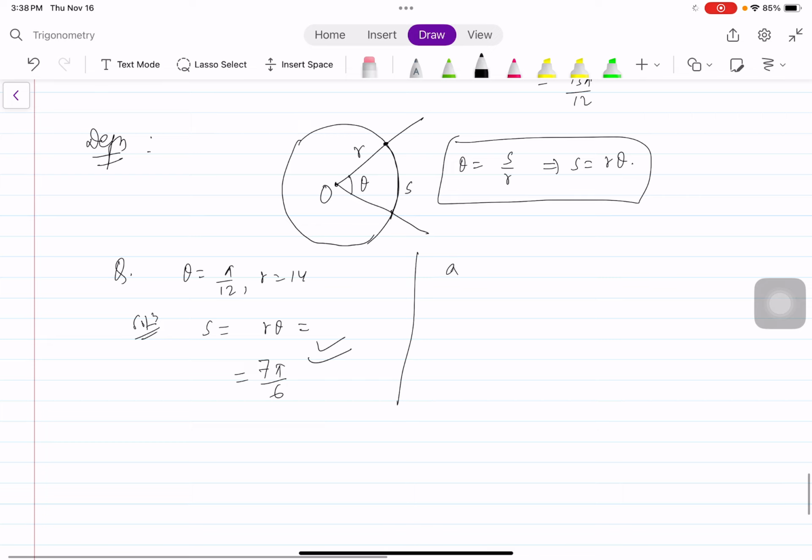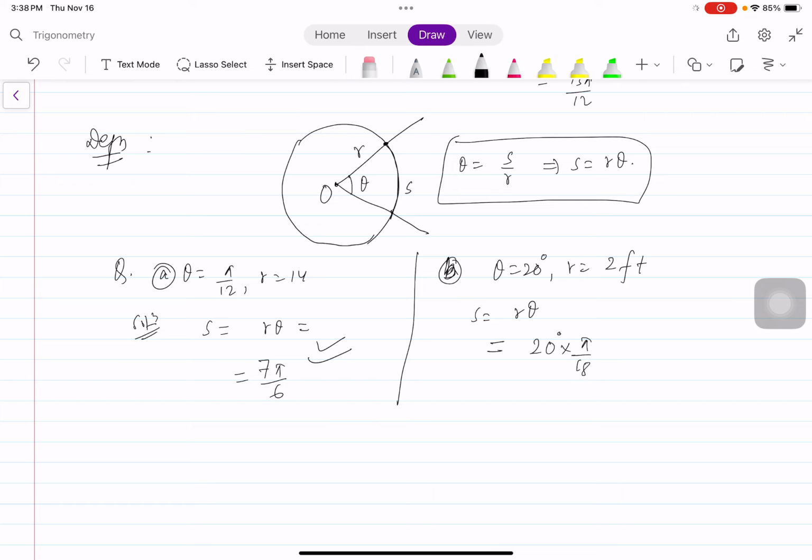There is another problem here, say part B, theta equals 20 degrees and r equals 2 feet. So how do we find s? s equals r times theta, but since theta is in degrees, we are supposed to first convert this into radians. How do we convert this into radians?